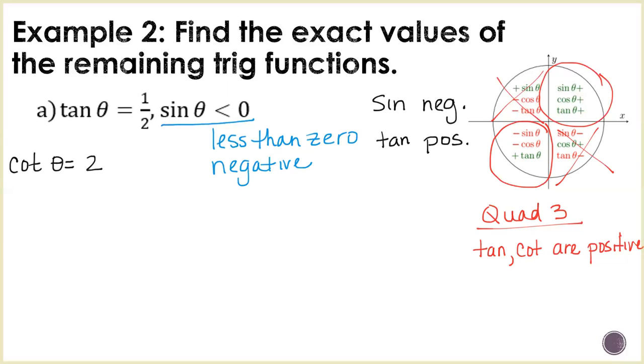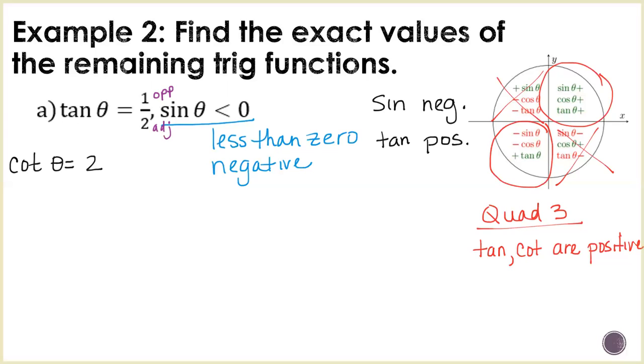because tangent is equal to opposite over adjacent. In order to find the other ratios, I need to find the hypotenuse. And we're going to do that using the Pythagorean theorem.